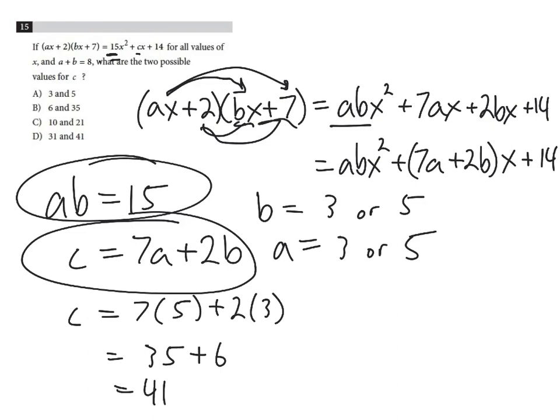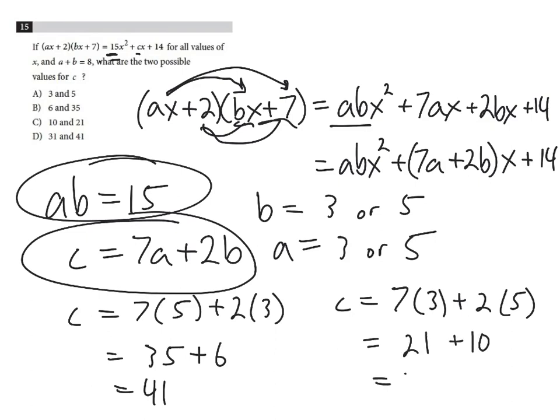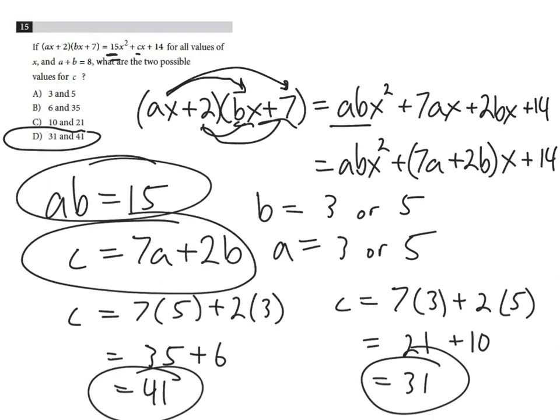That's going to be 41. The other case could be where a is 3 and b is 5, in which case we'll have 21 plus 10. That's going to be 31. So our two possible answers are 41 and 31, and that looks like D.